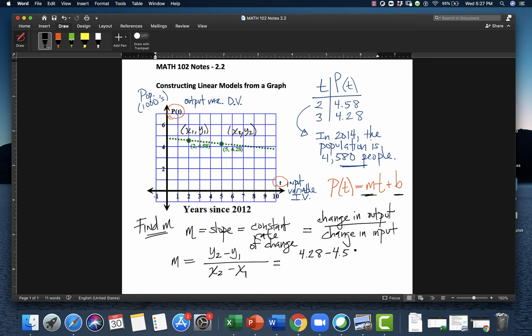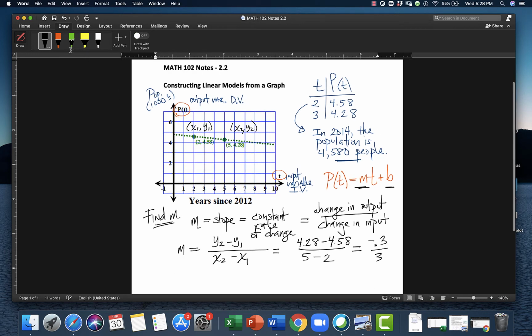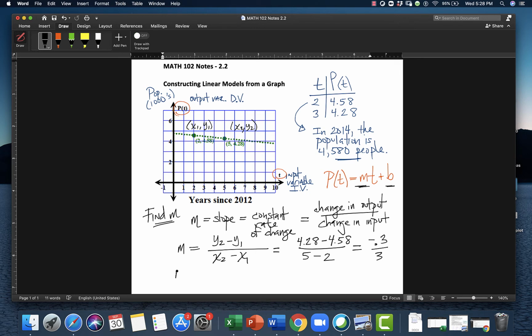And the change in the input is going to be the change in these t values, which is 3 minus 2. This simplifies to negative 0.3 divided by 3. And when we do it out, we end up getting m is equal to negative 0.1. The units here would be thousands of people per year, since t is in years. But for now, let's not focus on that. Let's just focus on getting the equation.